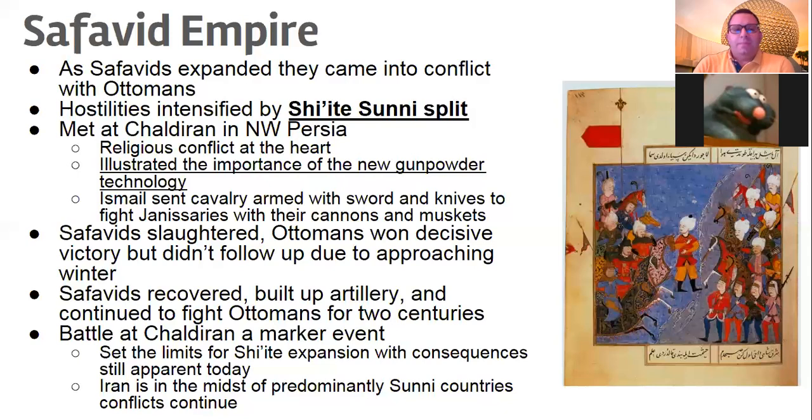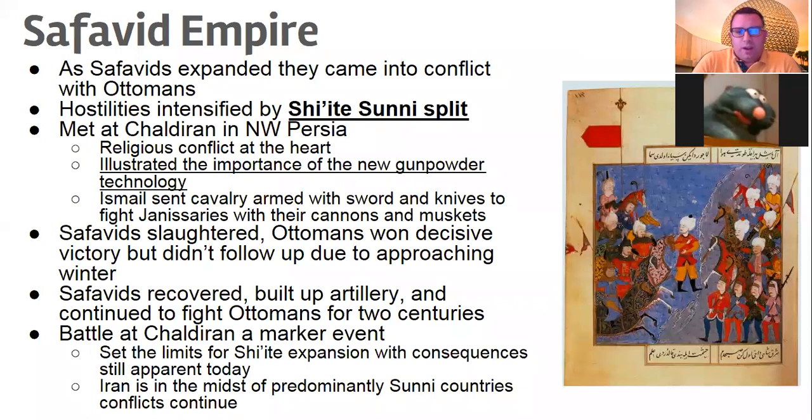The Ottomans win this first initial battle decisively because of the gunpowder. The Safavids are actually massacred here, again, because they don't have the weapons that the Ottomans do. And so, at least initially, anyway, this is an Ottoman victory.